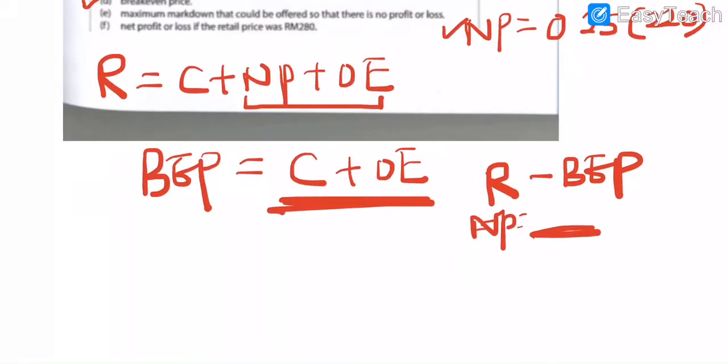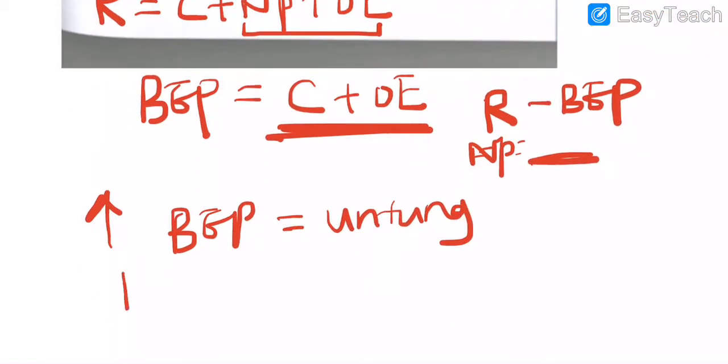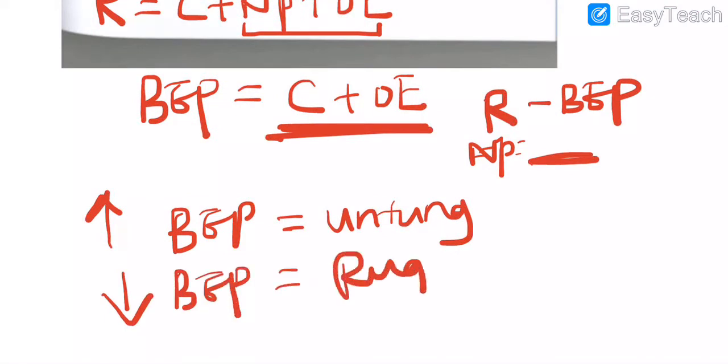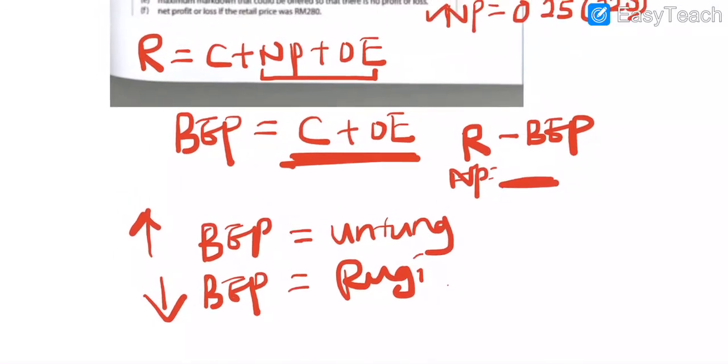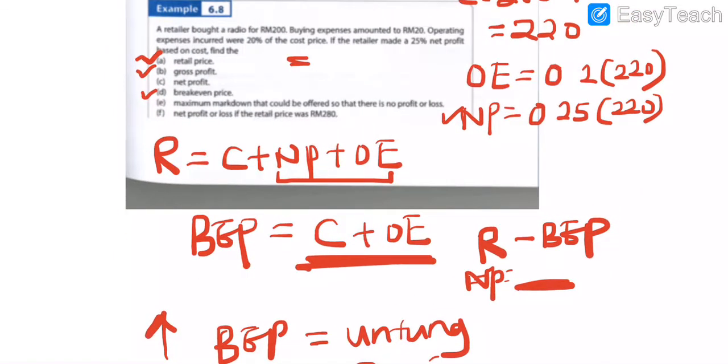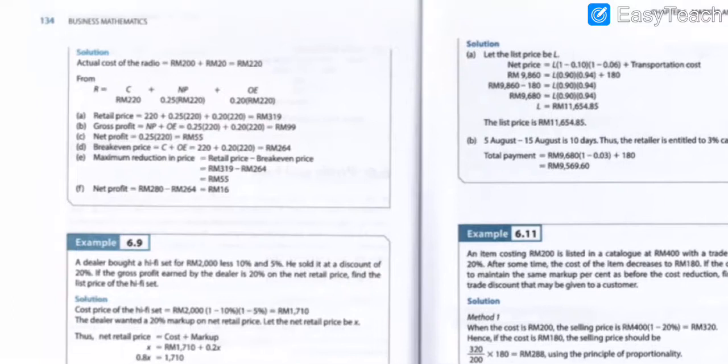If dia jual pada harga lebih daripada break-even price, if he sells more than break-even price, untung. Okay, if he sells less than break-even price, rugi. Okay, so you look at your break-even price. That's why break-even price is very, very important. Okay, so you look at the answer here.